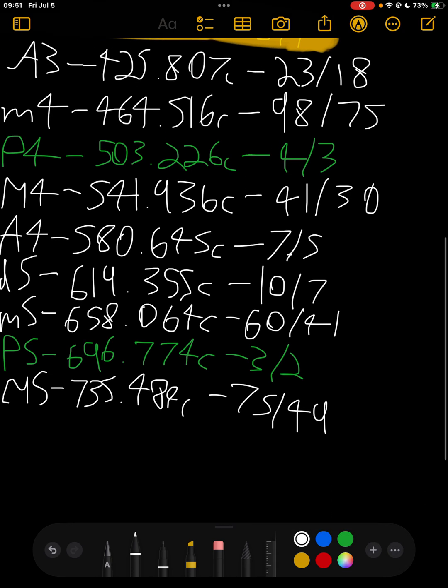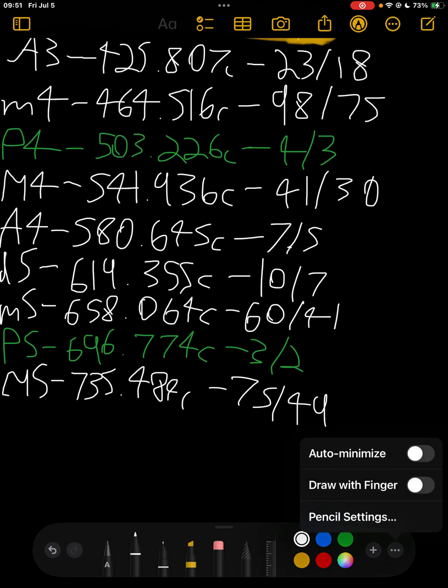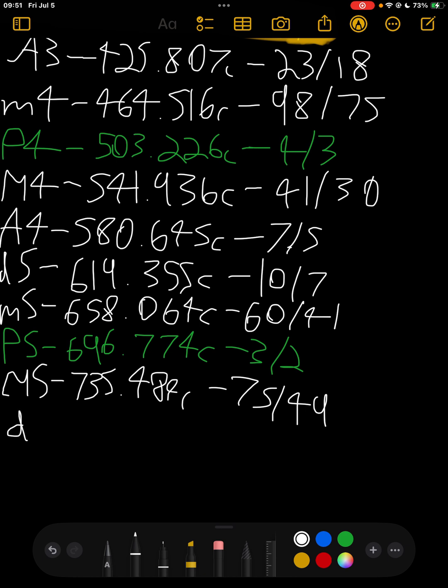Okay, next after that we have the diminished sixth with 774.193 cents and a 36 to 23 ratio.